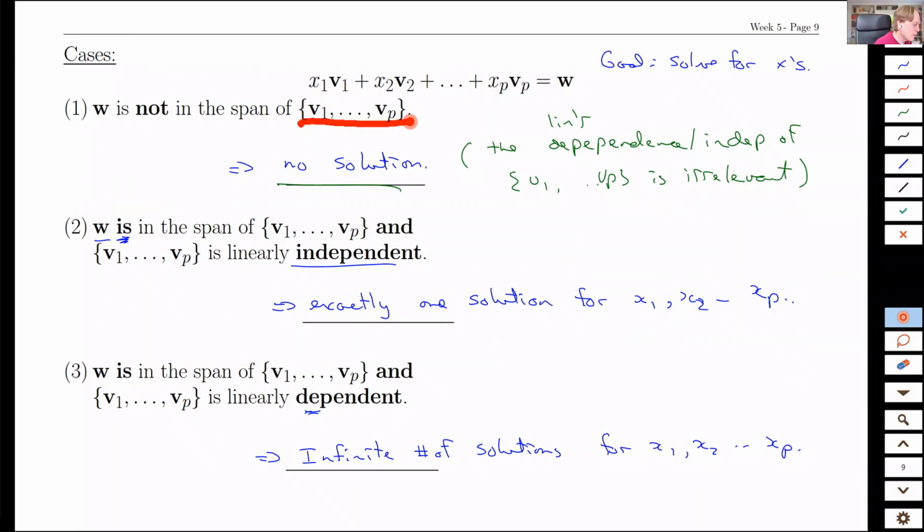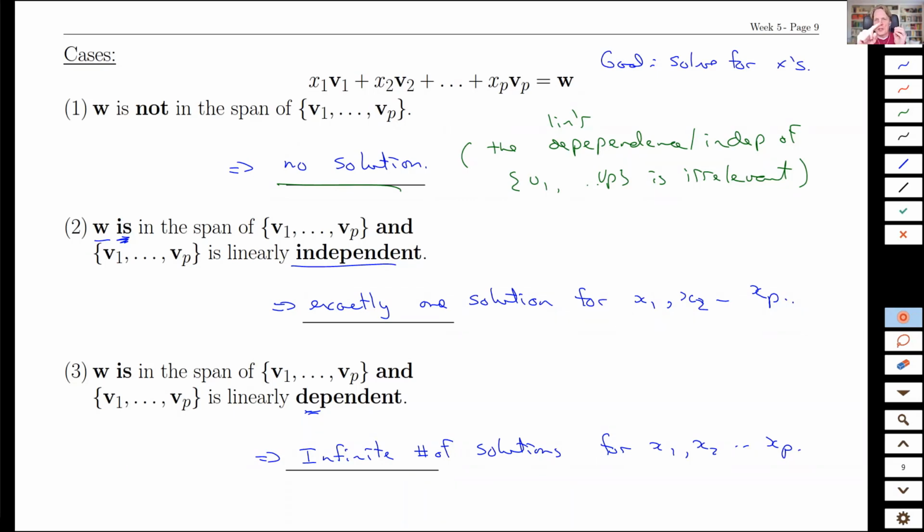We can have our set of vectors that can't reach the right-hand side vector. So it has the two sets of vectors, the left-hand side and the singleton W on the right-hand side here. And I think of building block vectors here as sort of a mobility thing. So imagine yourself, you're at the origin, and you're trying to move, kind of like on a chessboard.